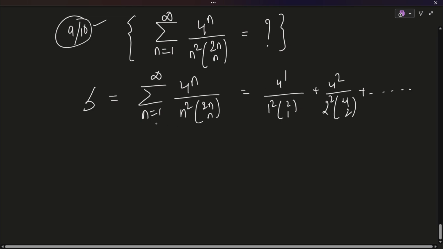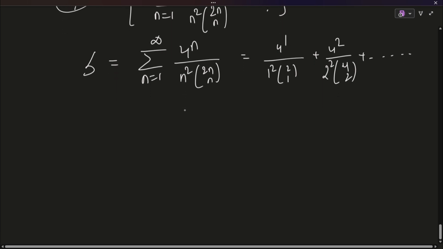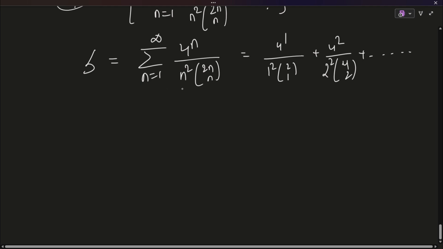But this is not reminiscent of, let's say, AP or GP or HP or any other sequence that you might have learned, right? Because you can check that you have the general term here. If this is Tn, you can check that Tn plus 1 minus Tn is not constant first of all, and neither is Tn plus 1 by Tn.